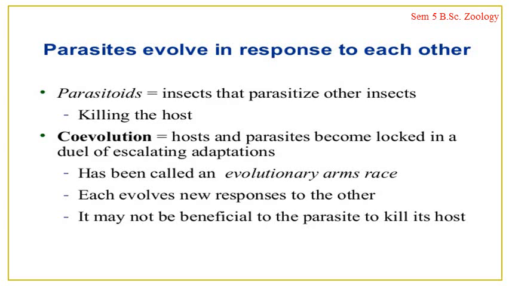Okay, parasitism. So this is what we were discussing. Insects that parasitize other insects, parasitoidism. And it is not parasitic. Why is it not considered a parasite? In the case of a parasite, the host needs to survive for the survival of the parasite. If the host doesn't survive, the parasite is affected, isn't it? So the parasite lives in the host in such a way that the host doesn't get killed.